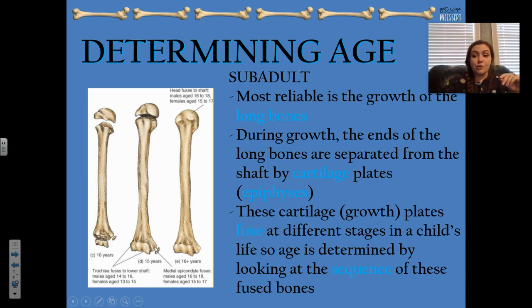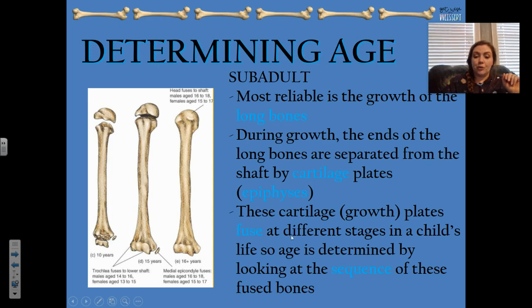At 15 years old, which some of y'all are just past, still having a little bit of separation. And by 16 plus, usually fully fused. The head fuses to the shaft for males from 16 to 18 and females from 15 to 17. So by 18, your long bones should be fused, by what we call adulthood.